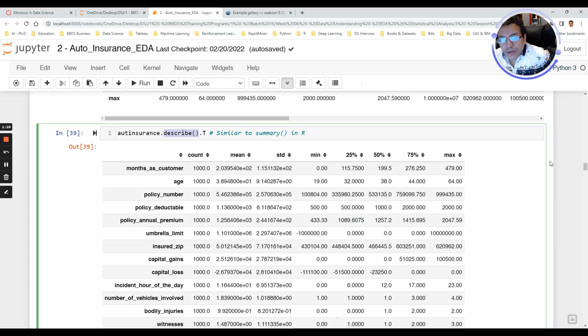So this 5-number summary is going to help us understand the statistical significance of the data. I gave you an example of age. There is nothing wrong with having a number less than 19 or a number greater than 65.